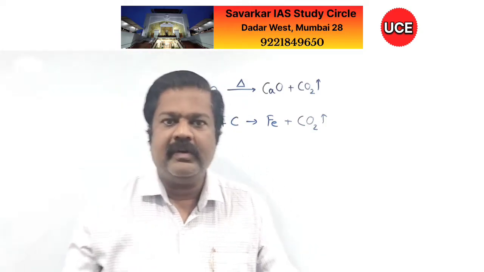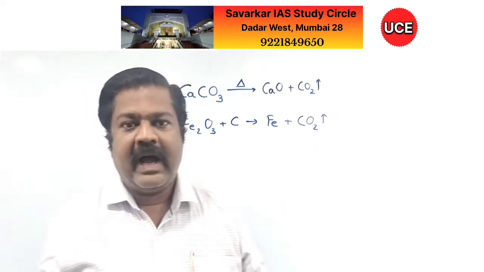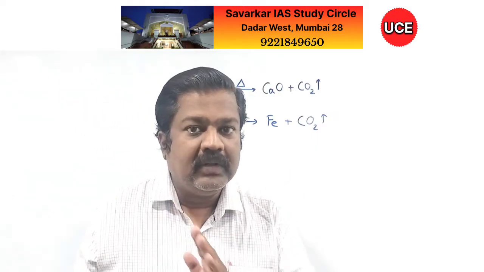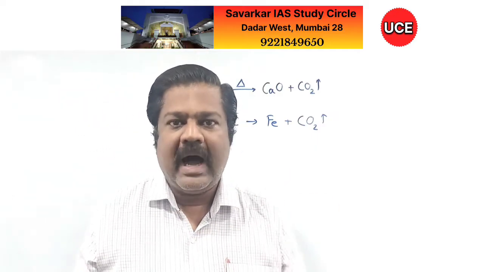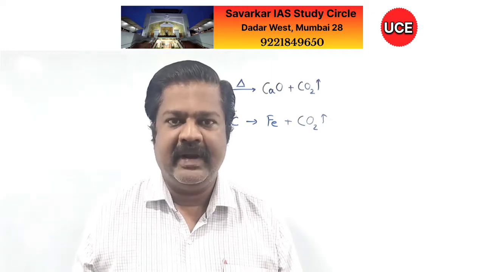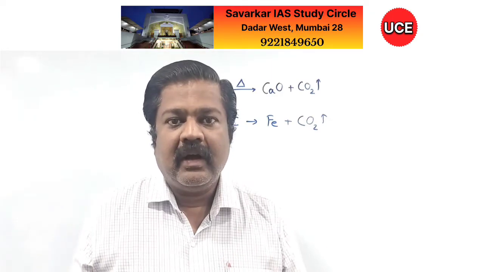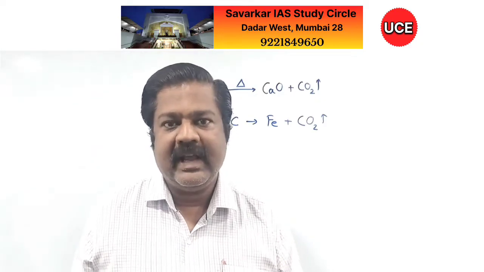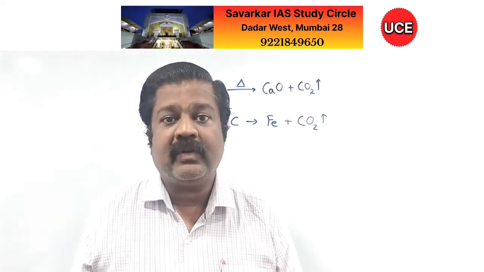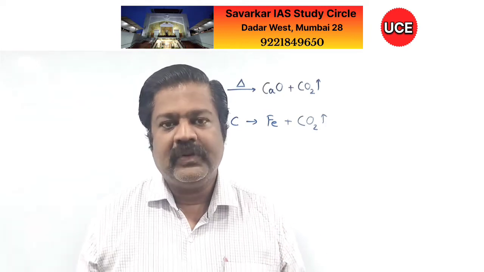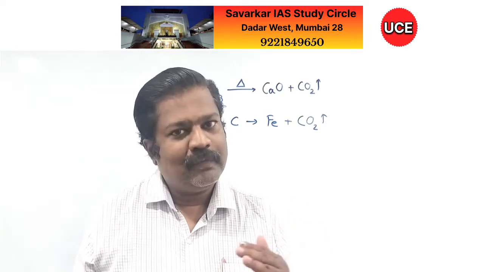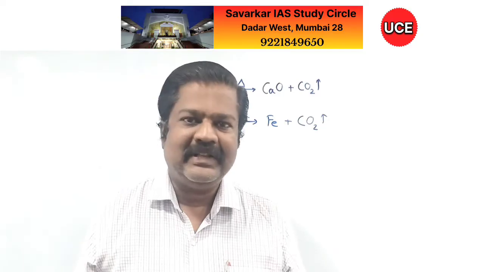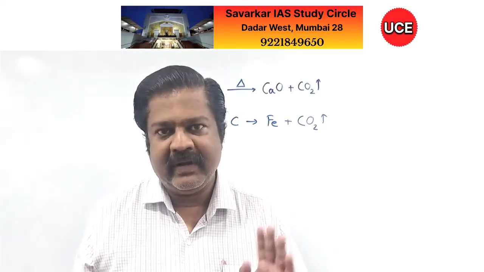Whatever you carry out on iron, iron will not undergo further decomposition. Therefore, iron is called an element. In the same way, hydrogen is called an element. Oxygen is called an element because they do not undergo further decomposition. So now, part of the definition we discuss is what is called an element.